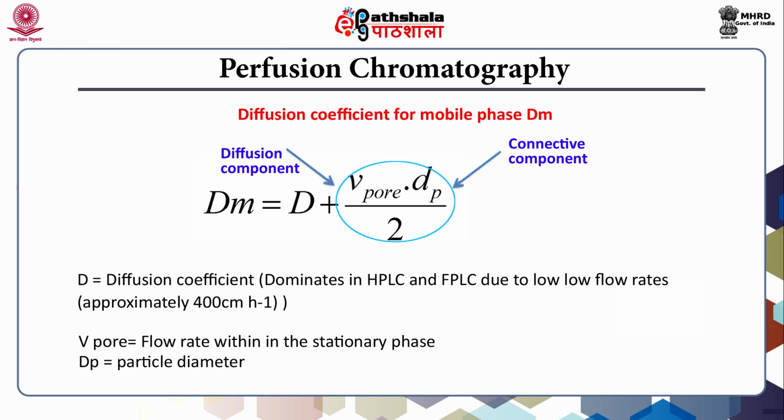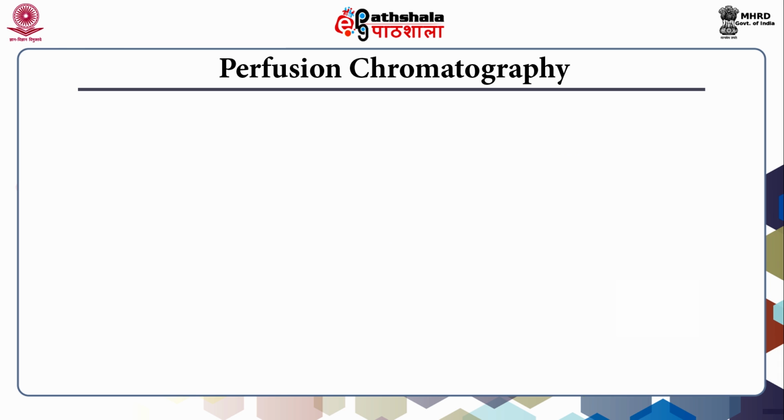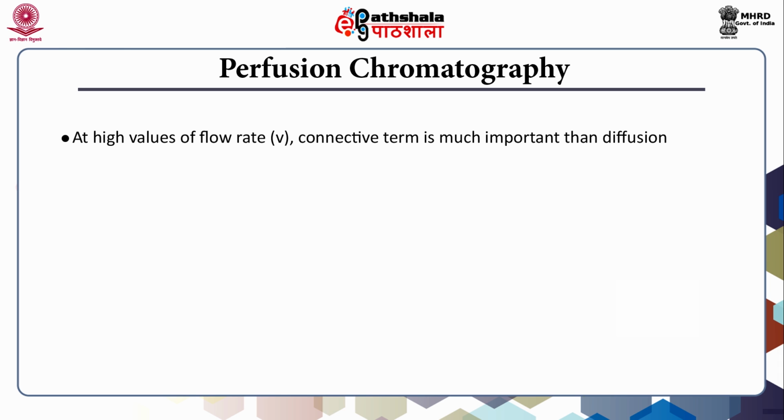In the next slide we can see this further mathematically. At high values of the flow rate, the convective term is much more important than the diffusion term. So, we can nullify the diffusion term.